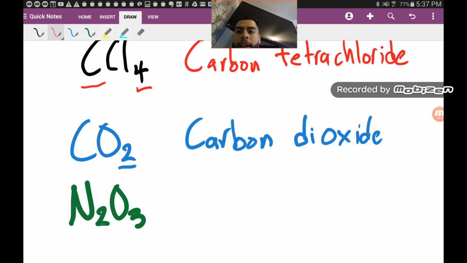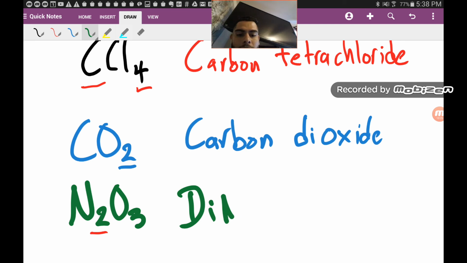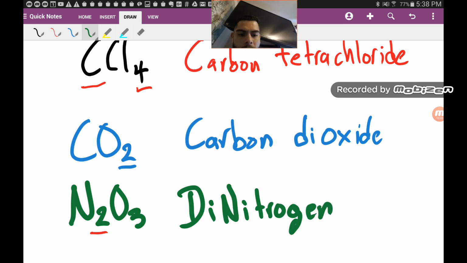However, we have two nitrogens, so we have to specify in the name. Di, we have two nitrogens, so it's going to be dinitrogen, and then we have three oxygens.